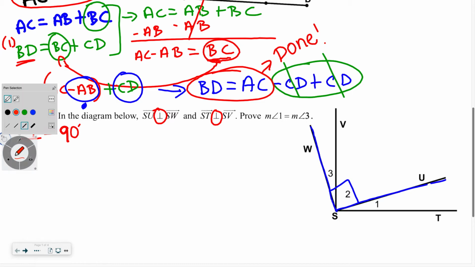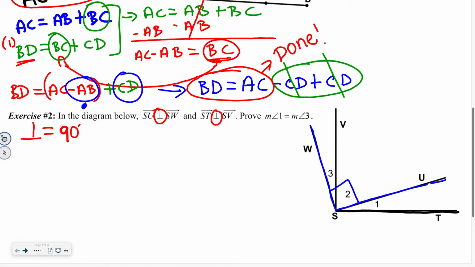And next, I also have a right angle at ST and SV. And so my right angle is right there. Two right angles, okay? And I need to prove that the measure of angle 1 is equal to the measure of angle 3. Here we go.